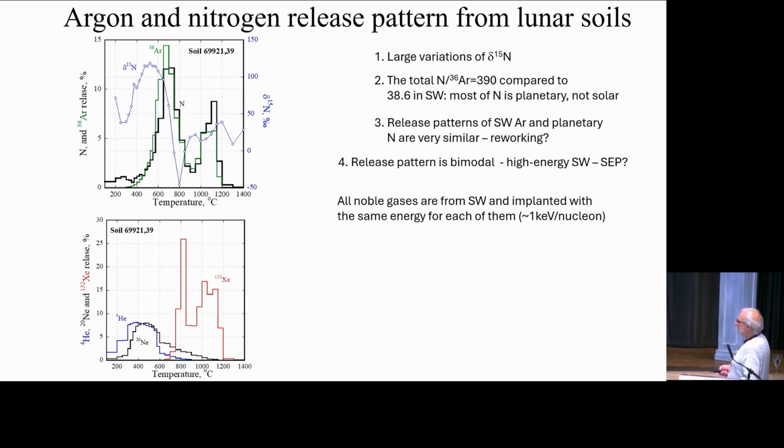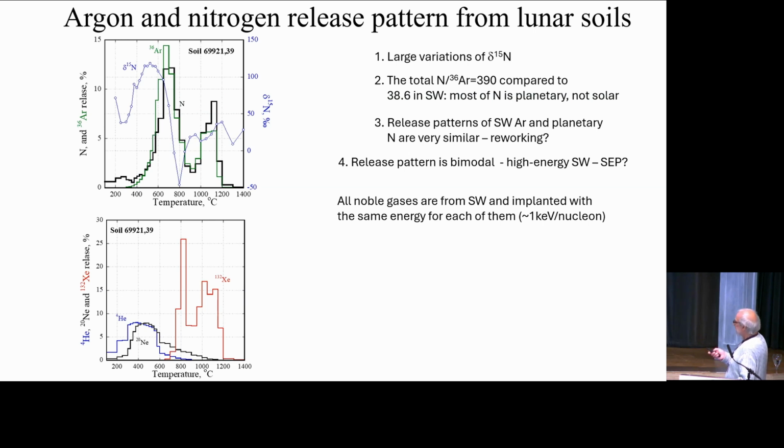This shows a plot for the release of xenon and the light noble gases, helium and neon. Maybe this gives us a clue how it works, what might be a reasonable explanation for the bimodal release. We see here that xenon is released bimodally, but helium and neon are not.